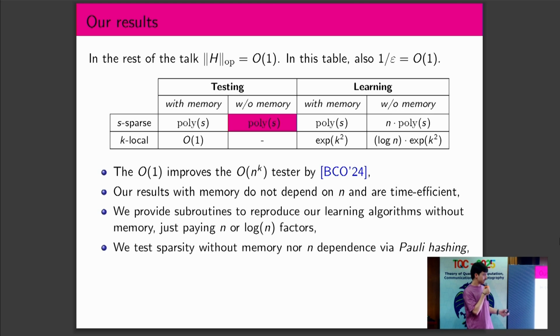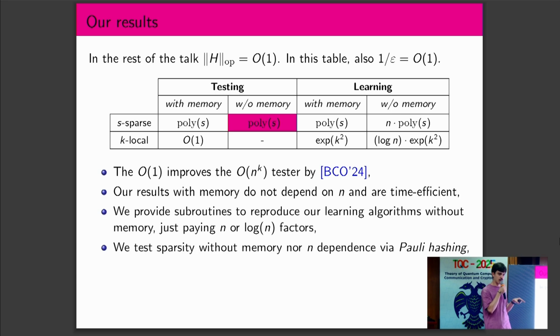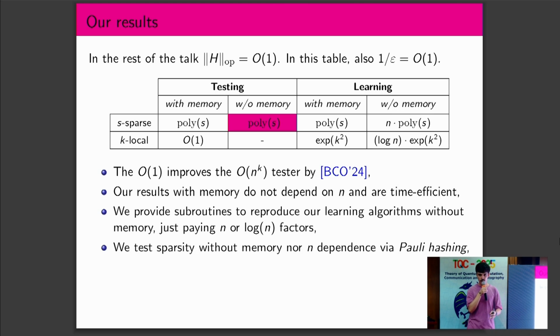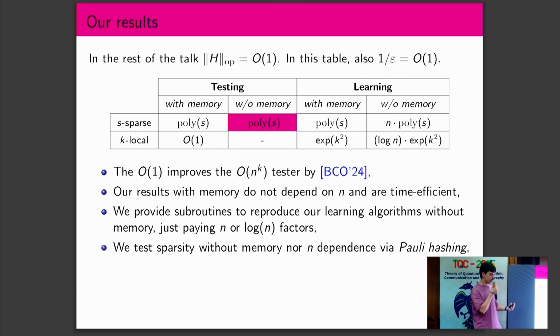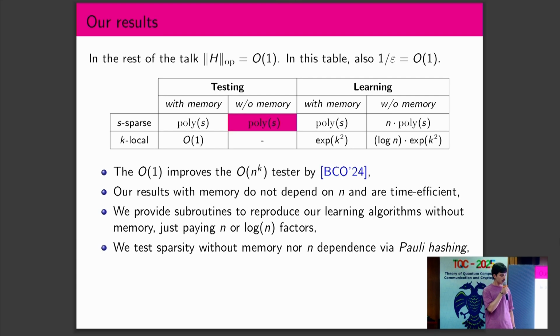Also, something very nice is that for testing sparsity, we can do it without quantum memory, without using our subroutines, and still have an amount that is independent of the number of particles. Instead of using our subroutines to translate results with memory to results without quantum memory, what we do is develop a new technique, which we will call Pauli-Hassen, that allows us to obtain this polynomial in S dependence for testing sparsity without memory.